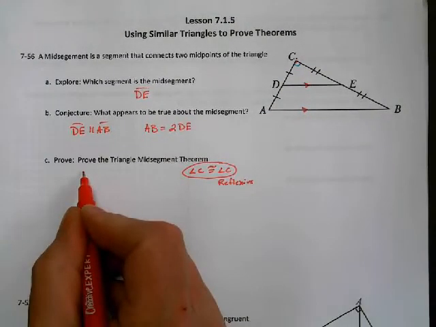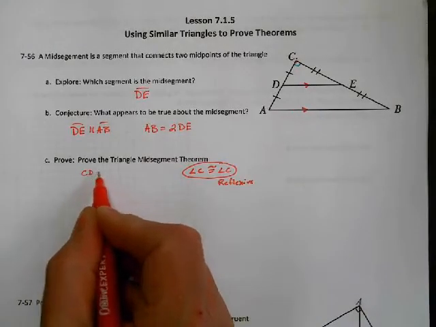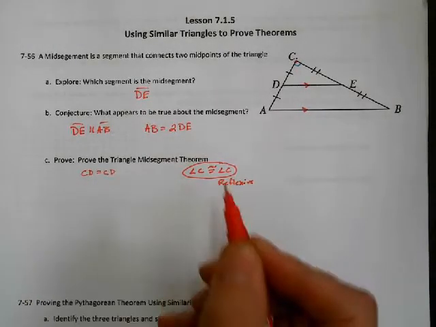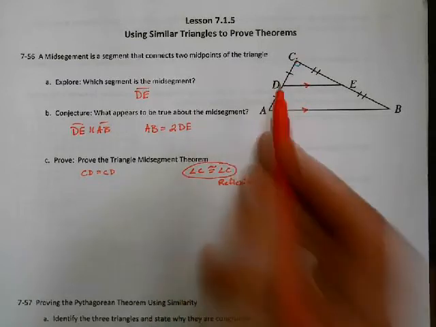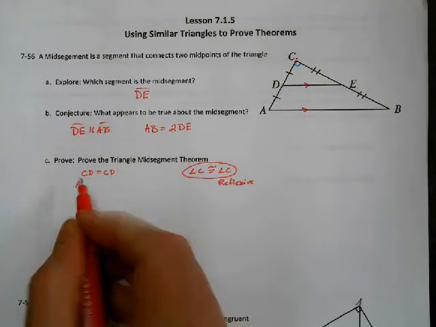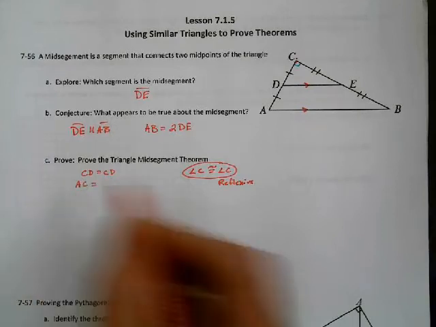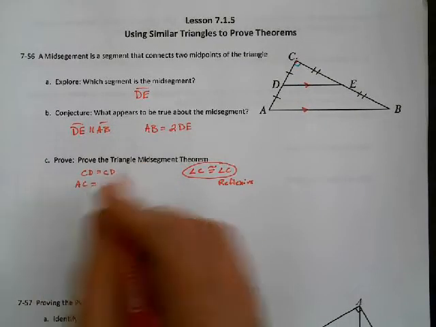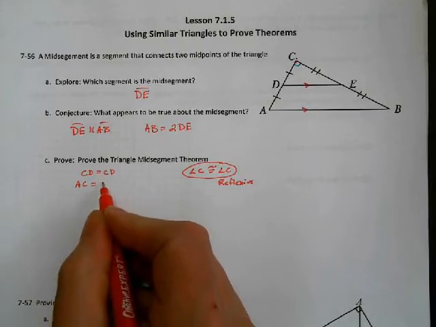We know that CD is equal to DA, because that's given, because of the midpoint right there. And we also know that AC is equal to CD plus DA.